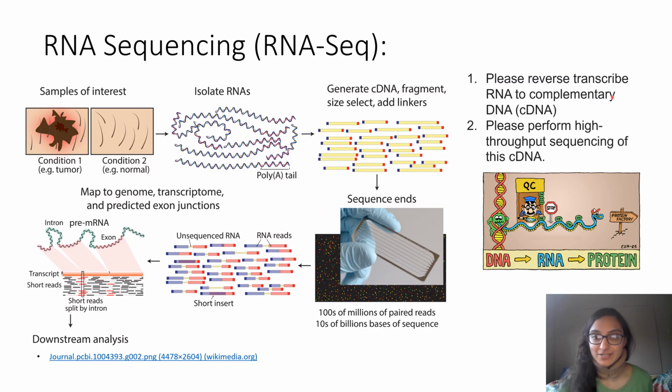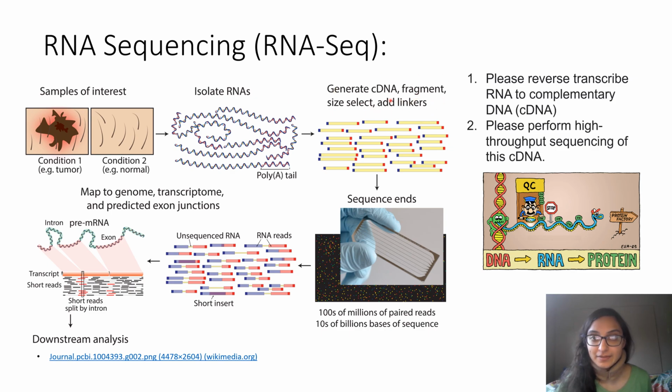So, as I mentioned in my previous video as well, we can do RNA sequencing. We had microarray technology and all these different technologies, and now this is a more modern technology. What you do here is you have your condition, your tumor, like this is the diseased SpongeBob with the suds, and then you have a normal sample, which is happy SpongeBob, and then you can isolate RNAs, then reverse transcribe RNA to complementary DNA, which is called cDNA.